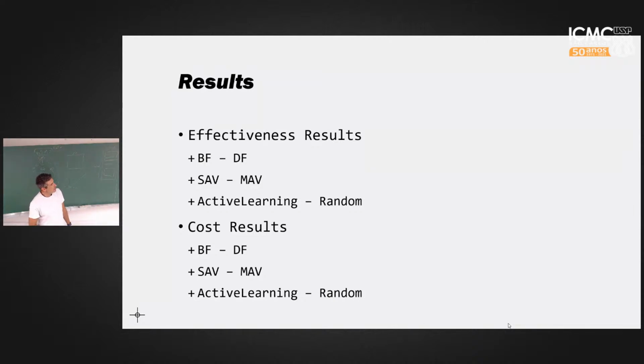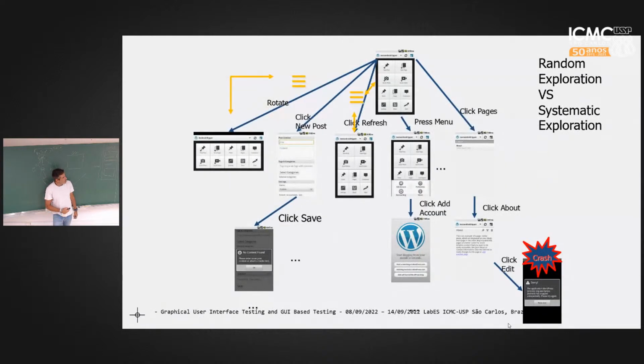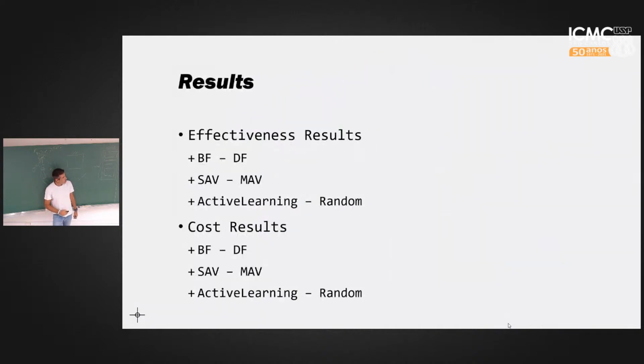If I consider breadth first and depth first, from your point of view, which type of navigation covers more code? So, if I go in breadth or if I go in depth, which covers more code?